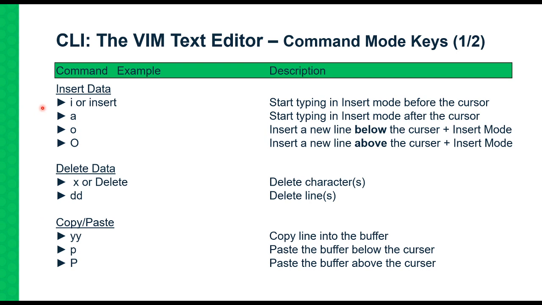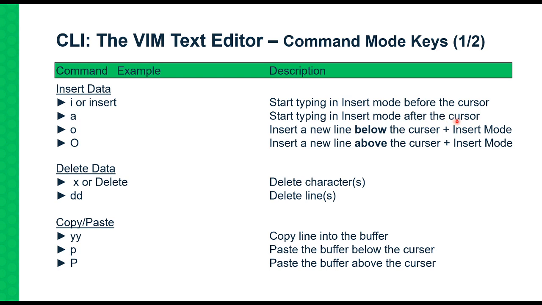To insert data, we can either press the I button or the insert key on our keyboard. The I means let's start typing in insert mode before the cursor. So if your cursor was at the U, it will start typing before the U. Then we've got the A. The A is exactly the same, but this time after the cursor.